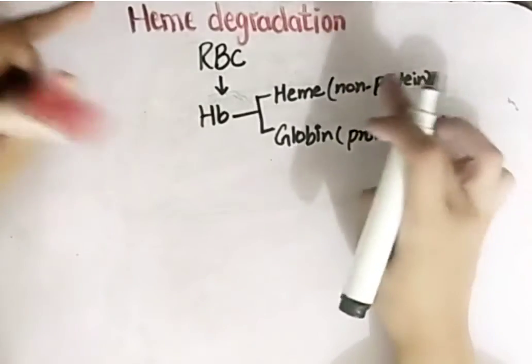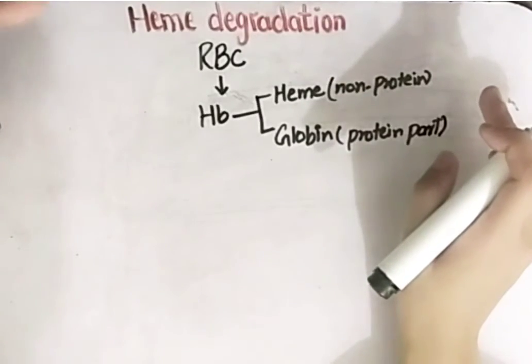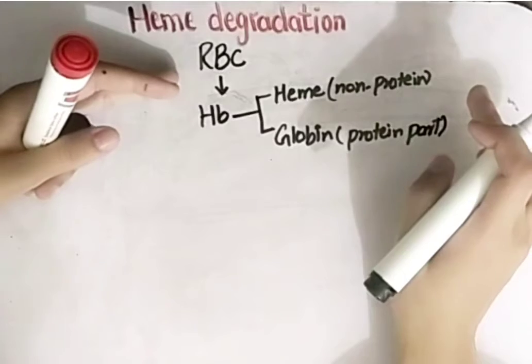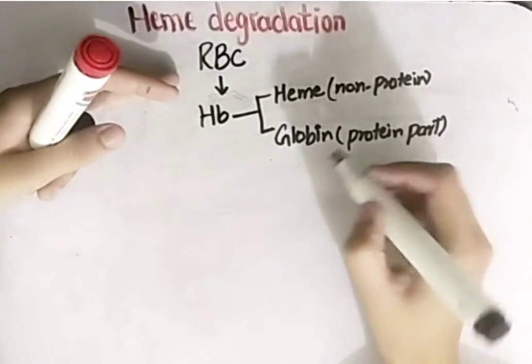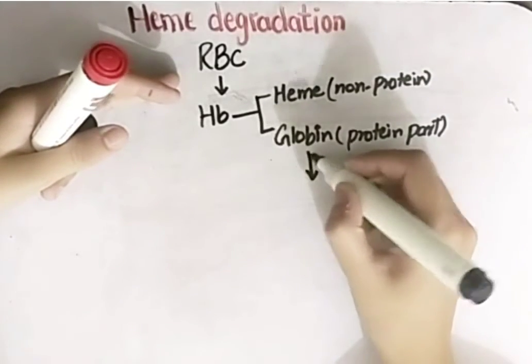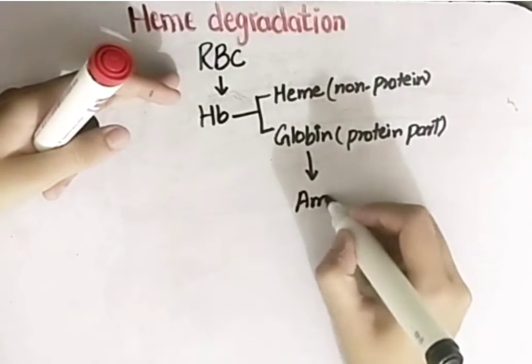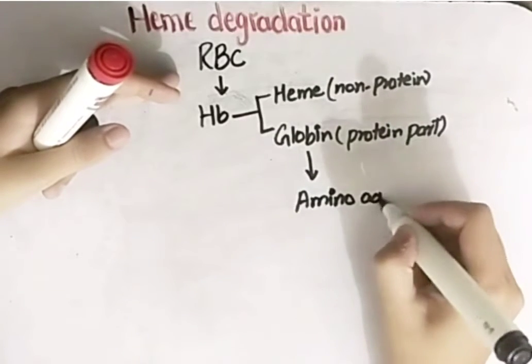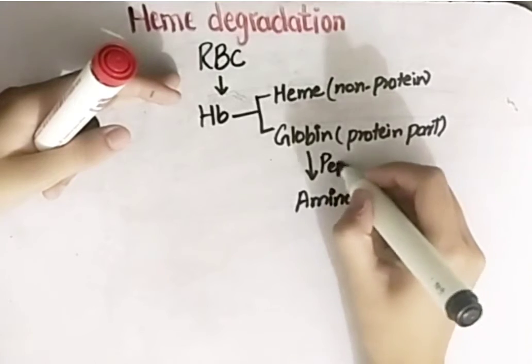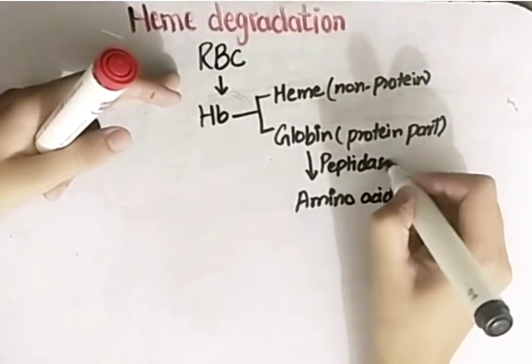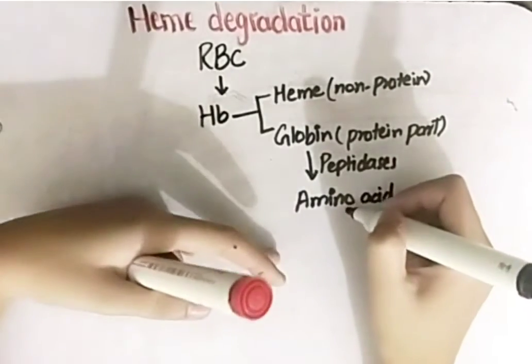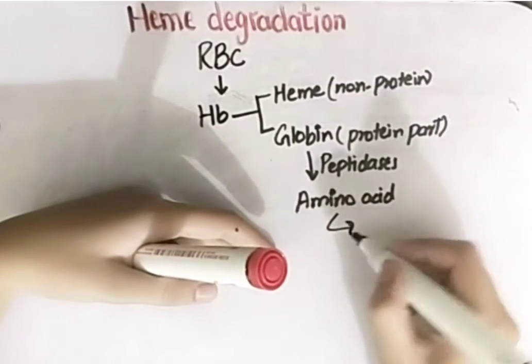We will study the heme part in detail, but as a quick overview, the globin part is converted into amino acids with the help of peptidases, which are the enzymes that convert globin into amino acids.